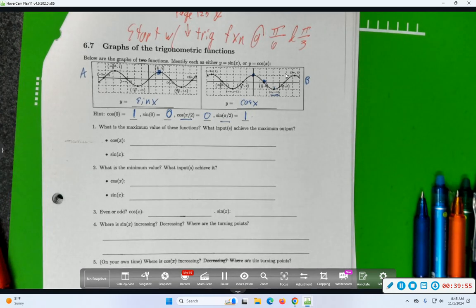Let's talk about what you can read off of a graph. You can get maxes and mins by looking at these graphs. So what is the max value that cosine takes? How do you find the maximum value of a function by looking at the graph?